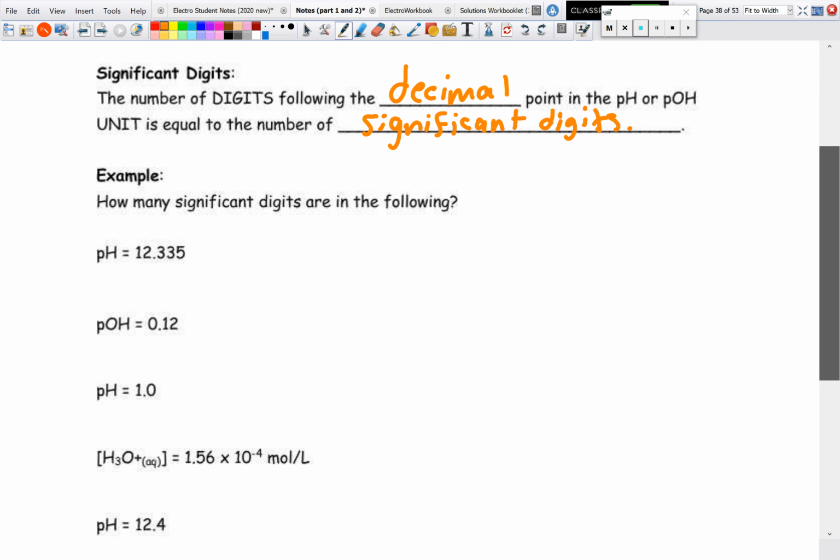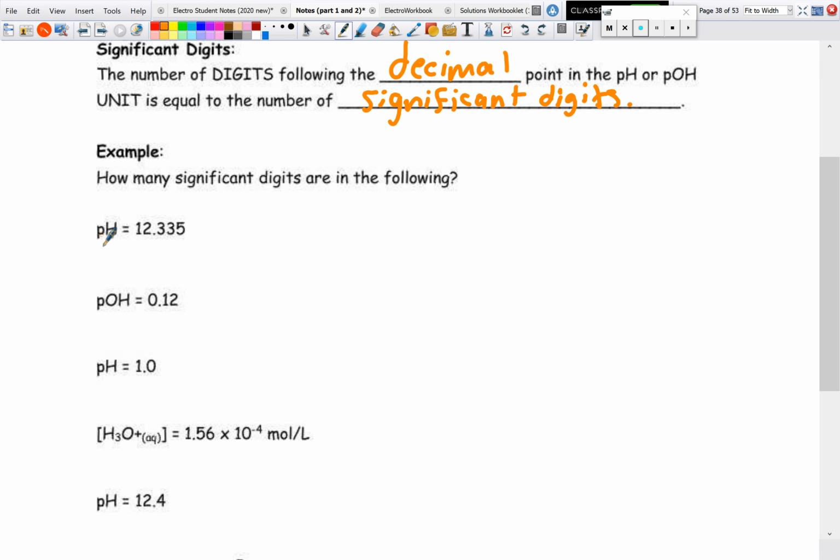It's only after the decimal point. For example, if we have a pH of 12.335, we only look at the number of digits after the decimal, and we got 1, 2, 3. So I got 3 significant digits.